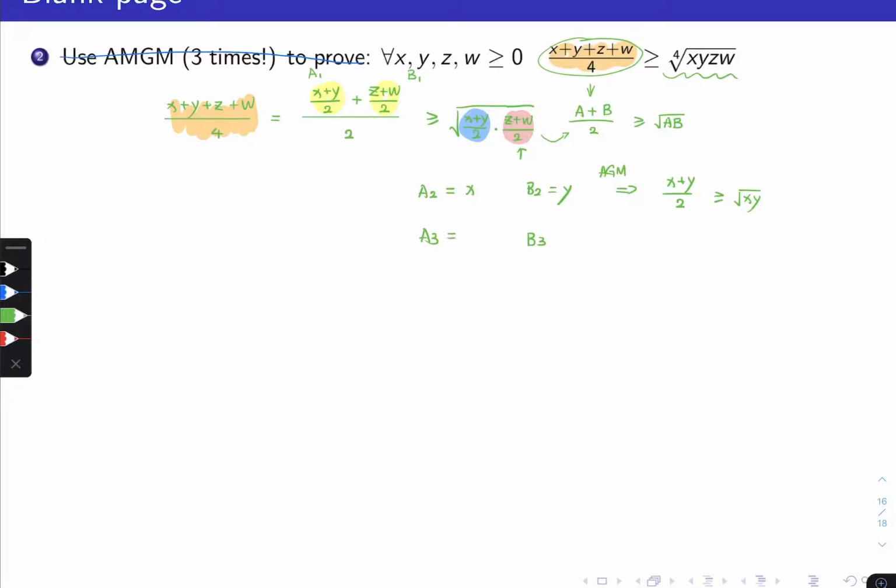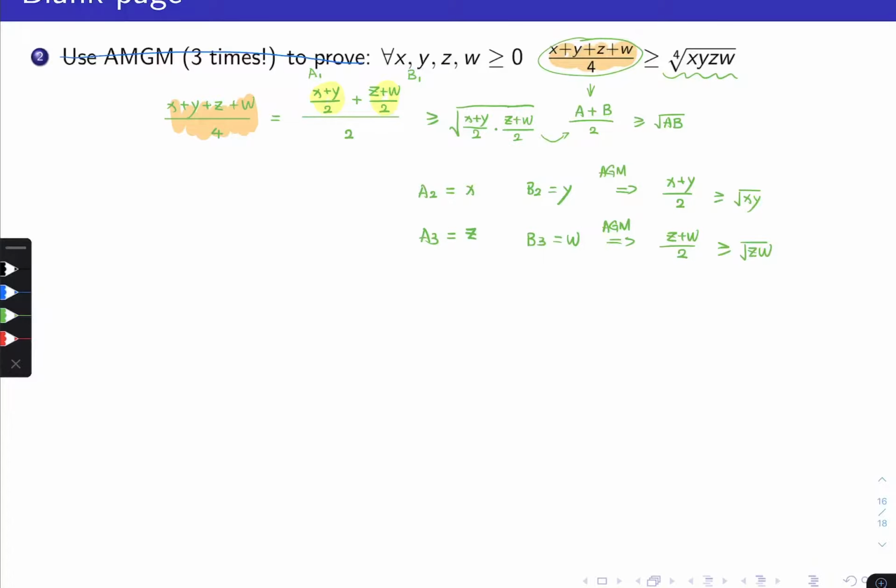Just by looking at this, I'm going to say my A3 is z, my B3 is w. Again, if you apply AGM, you can get (z plus w) over 2 is greater than or equal to the square root of zw. So now let's look at what we have.